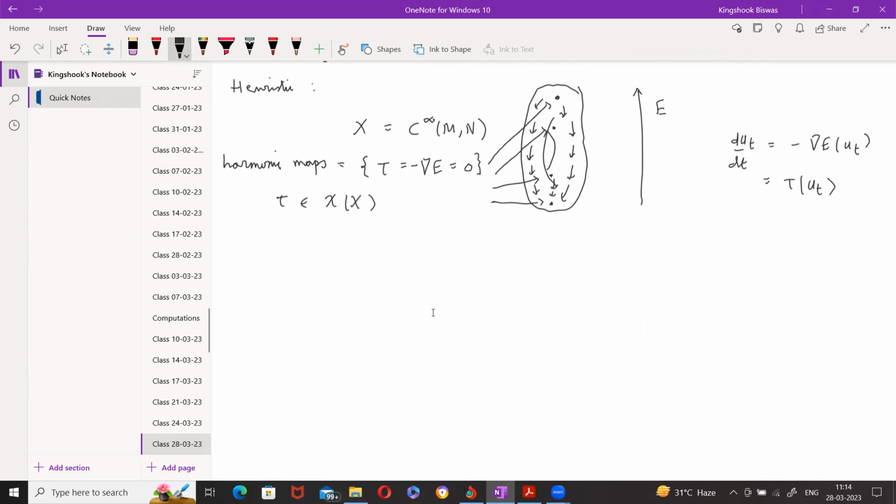Yes, sir. Okay. So the first thing to understand is that suppose a solution exists for all time. Later, we will prove that actually a solution always does exist for all time if N has non-positive sectional curvature.